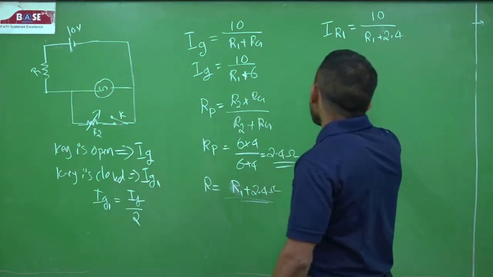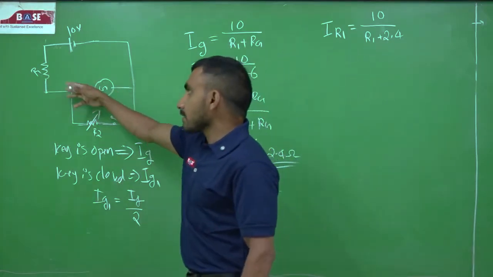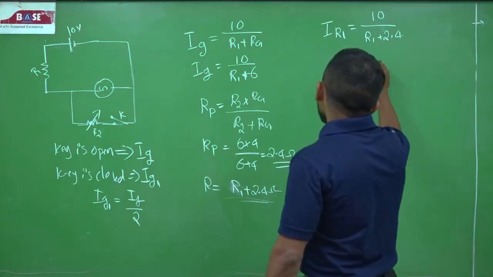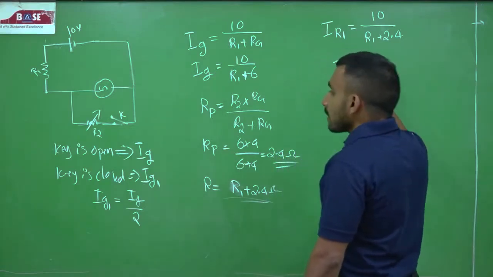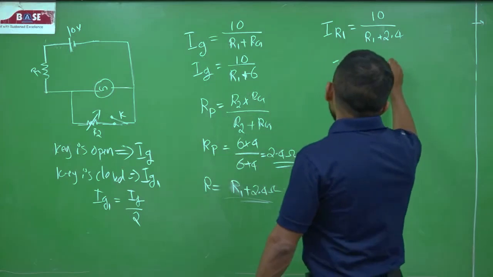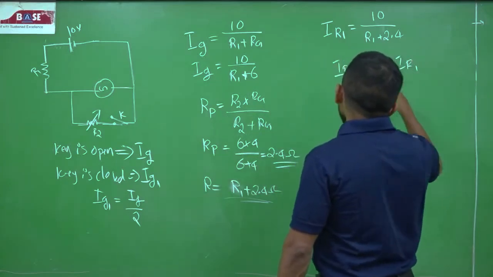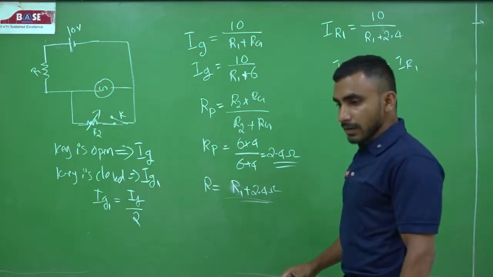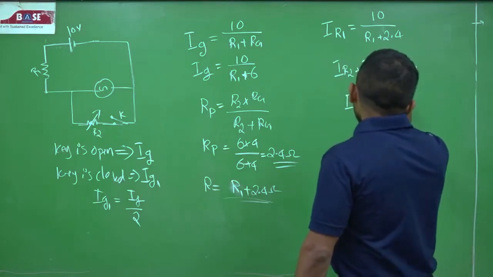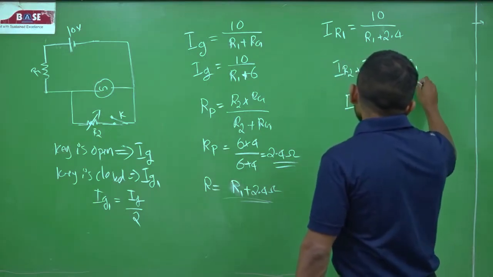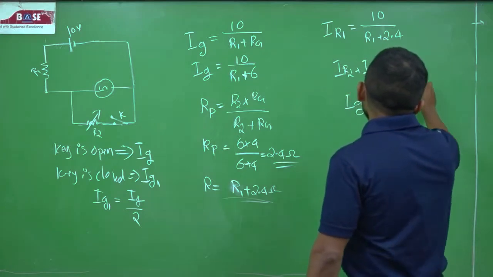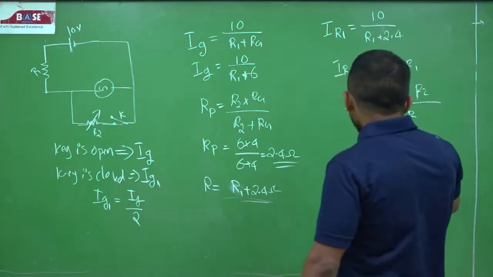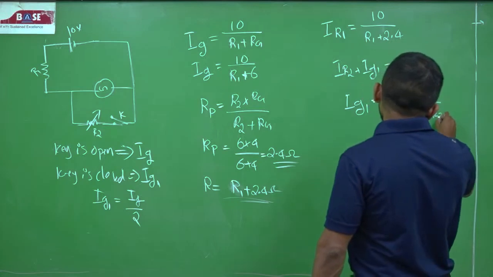Now here we can say the current is coming and going like this. So the current through R2 plus the current through the galvanometer in the closed condition will be equal to IR1. From here we can find Ig1, which will be IR1 into R2 divided by Rg plus R2.